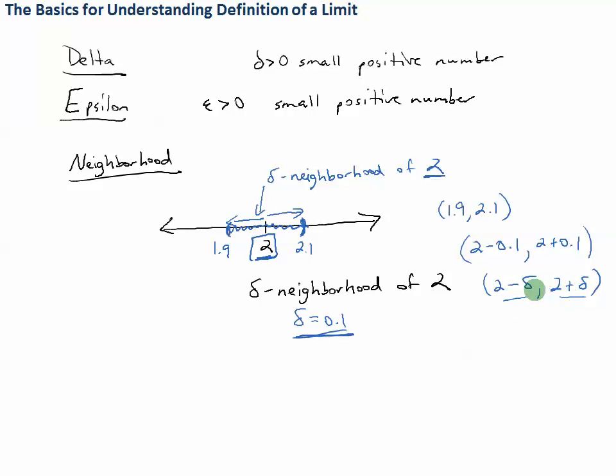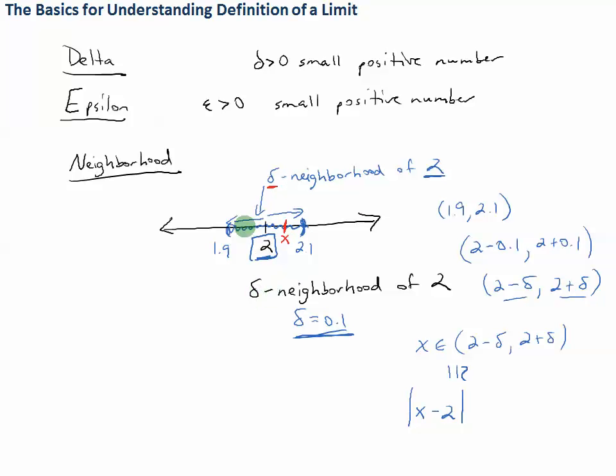Now if I want to say x is in this delta neighborhood, I could write x is an element of, that's what this symbol means, this set. Another way to write this is equivalent, so I'll use equals with a congruent sign over the top. Sorry, let me slow down on that. These two things are equivalent. The distance between x and 2, right? What I'm wanting to see is any x value in here, maybe this guy, the distance between x and 2 will be less than your delta, right?